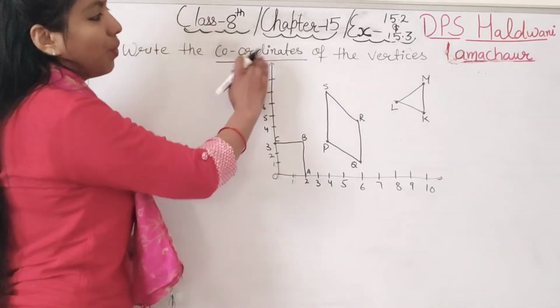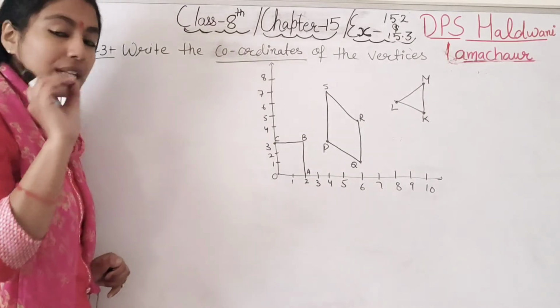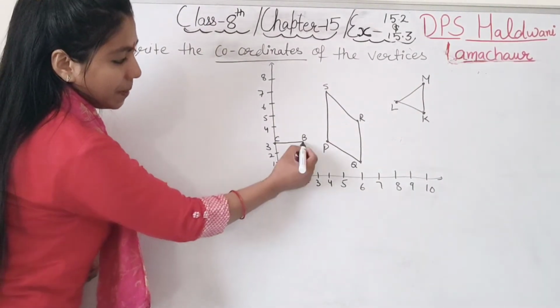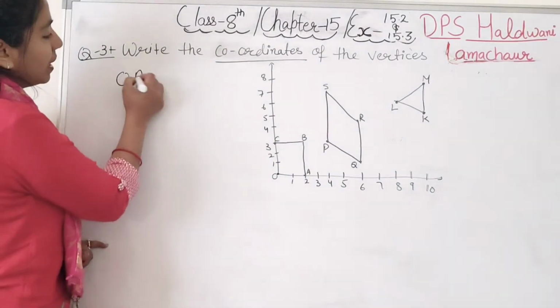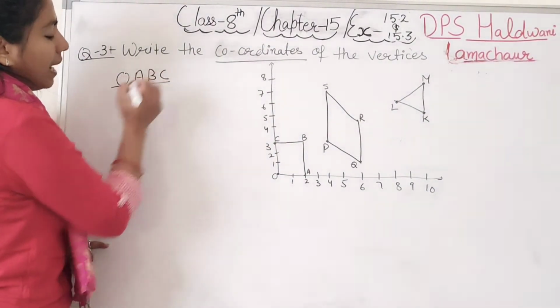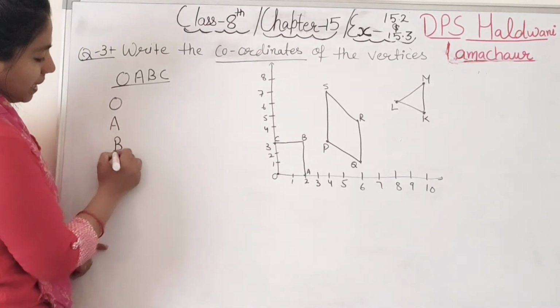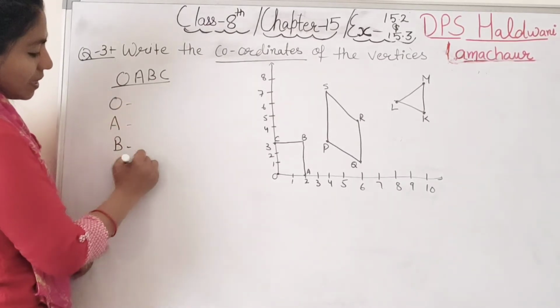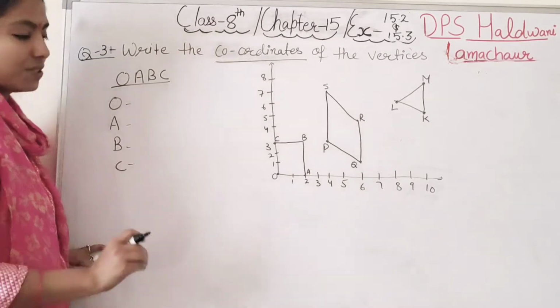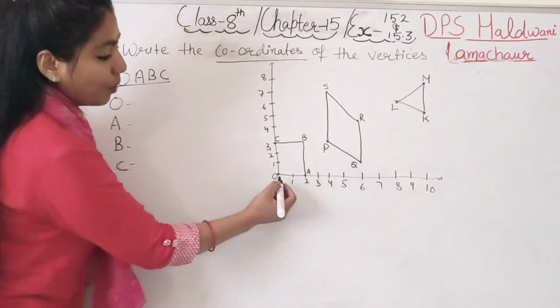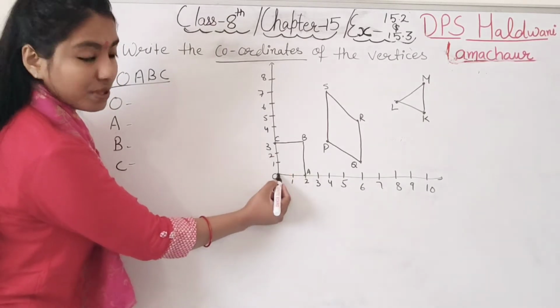You have to write down the coordinates of the vertices. Vertices everyone knows. See, the very first figure was O, A, B, C. And the vertices are point O, point A, point B and point C. So you have to write down the coordinates for that. See, for point O, the x coordinate is 0 and the y coordinate is also 0.